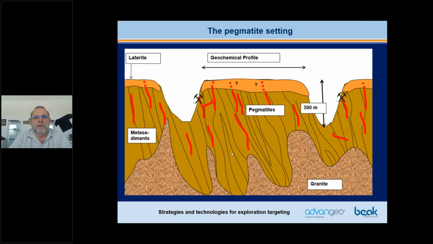We have these Kibaran schists, we have granites, and we have pegmatites, and the thick laterite cover in flatter areas. And the mines are located here at the steep valleys where the pegmatites are outcropping. But it's very hard to identify these pegmatites here.